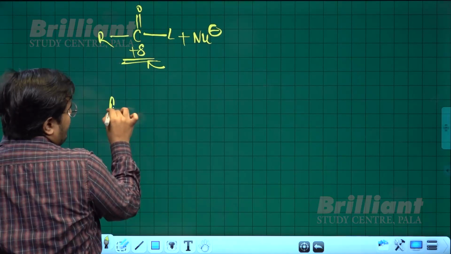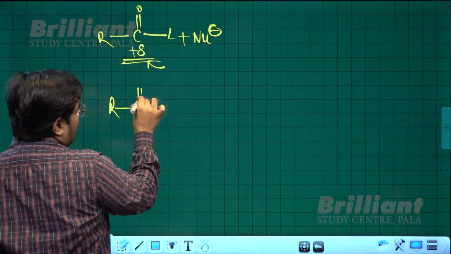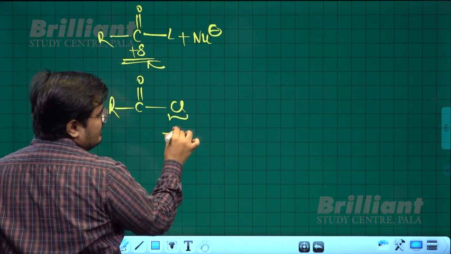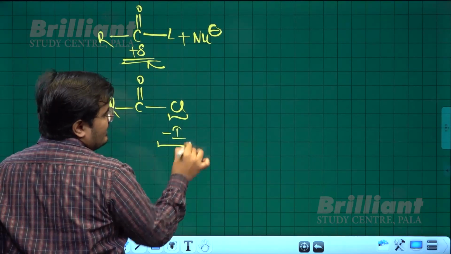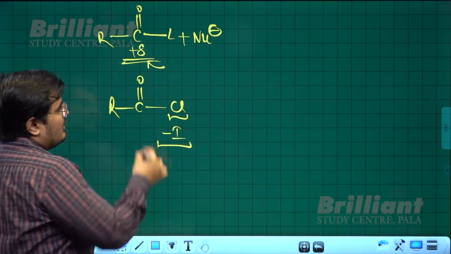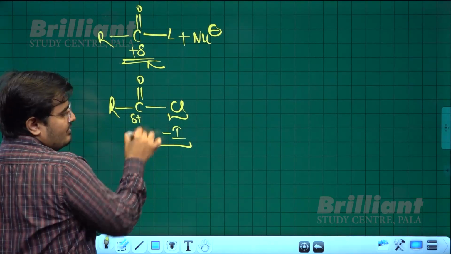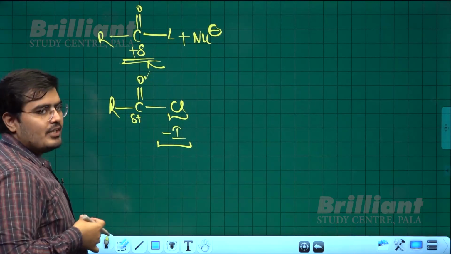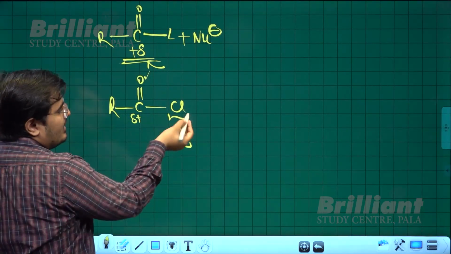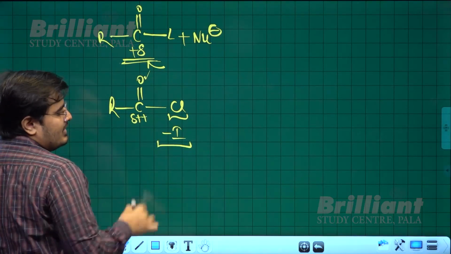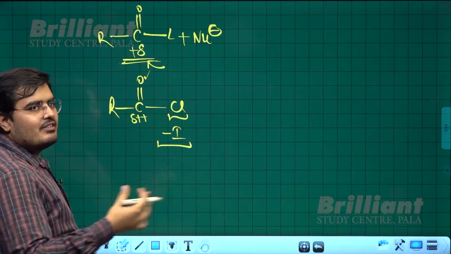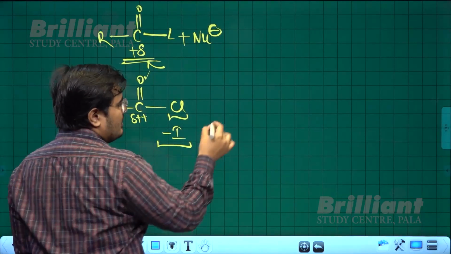If I write RC double bond O Cl, then as a substituent, this chlorine will have largely an inductive effect. There is already a positive charge on this carbon because oxygen is polarizing the pi electron density towards itself, and chlorine will also put a slight positive charge due to its inductive effect. As we know, for halogens, inductive effect is the major effect.